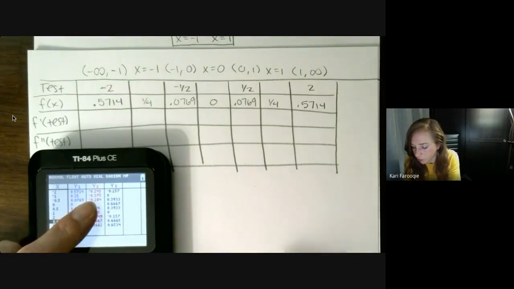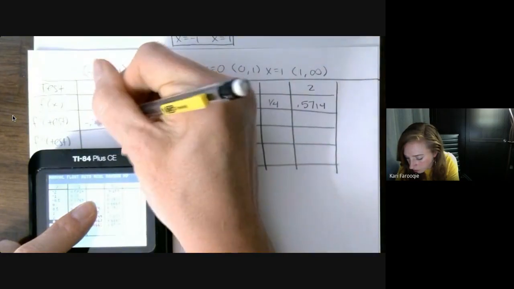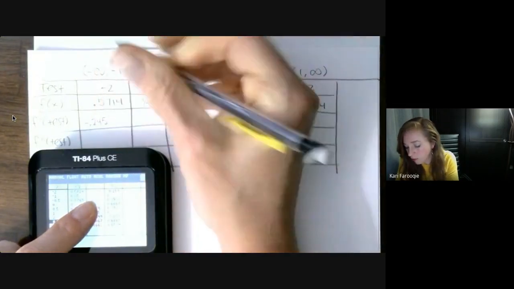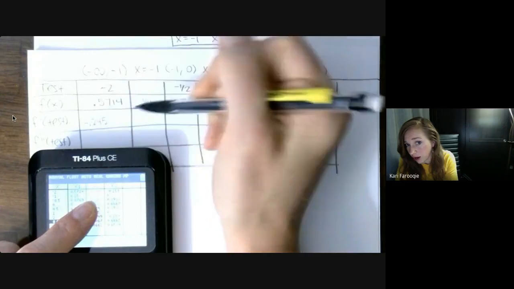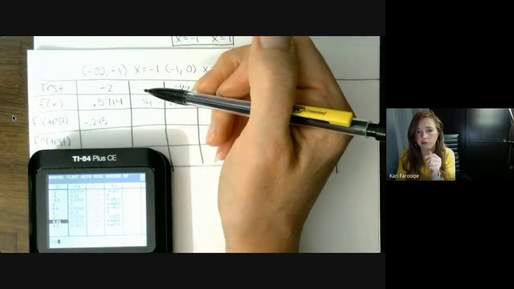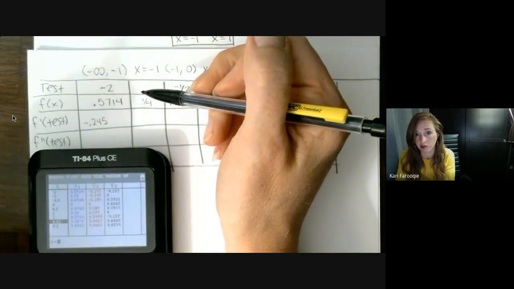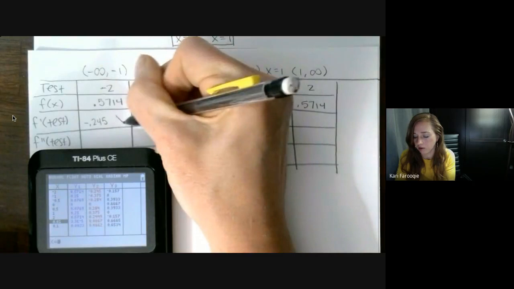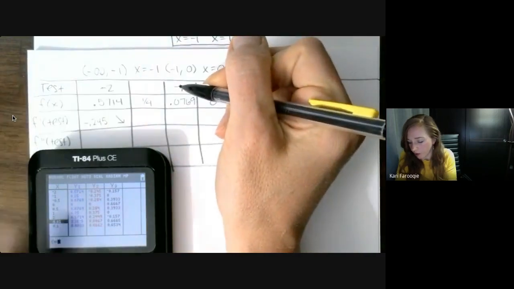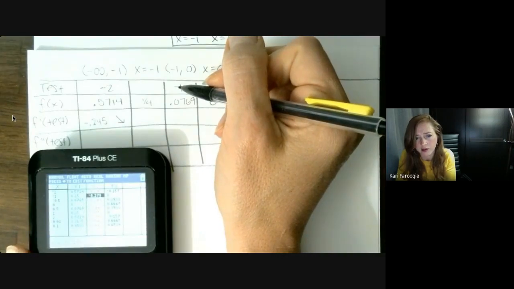So at -2, in my f prime column, I'm at -0.245. Now remember, this is not something that I'm going to graph. The -0.245 is something that is dictating what's happening on my interval as far as whether my function's increasing or decreasing. However, oh, that got worse. I'm just going to leave it there. It's fine. At least you can see it at the bottom.